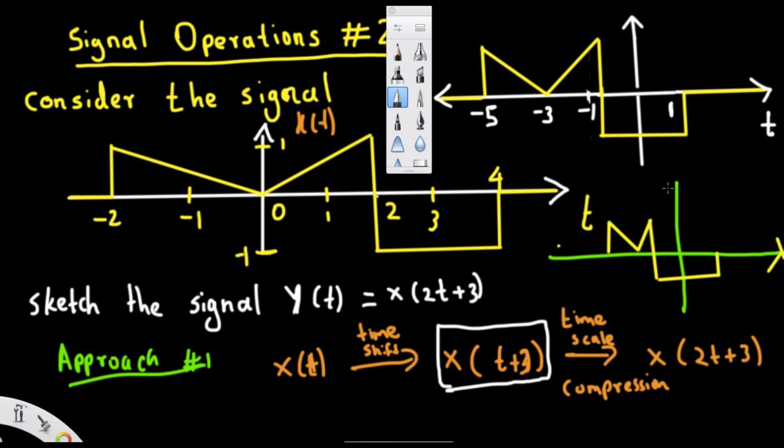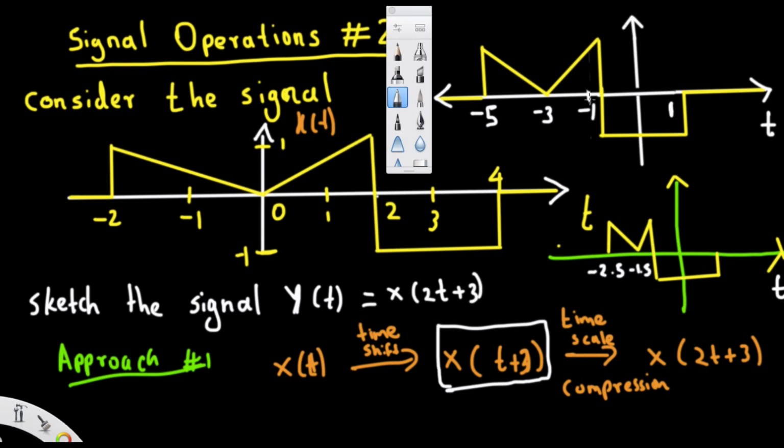Okay, this is just the arrow. Here we go. This is t, and here we have negative 5. This one should be negative 2.5, and here we have minus 3. That's minus 1.5, and here this one is, okay, did I make a mistake? 2 minus 3 negative 1.